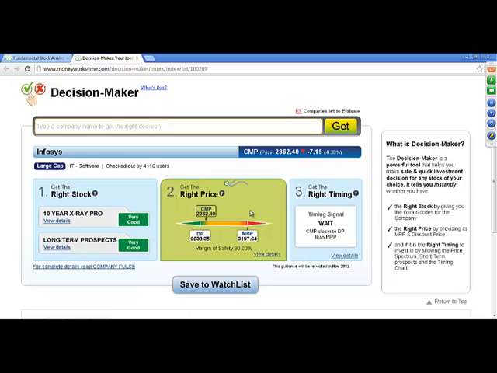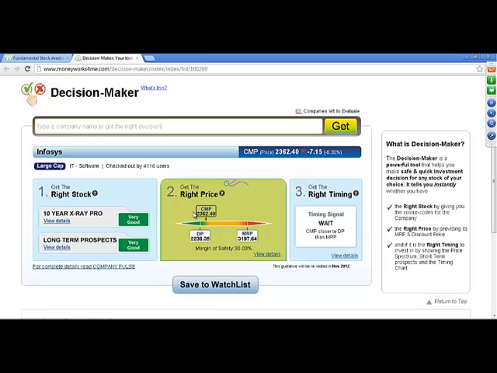Second thing that we want to check is, is it available at the right price? Now here we give you a very easy to understand slider. So here you can see this is the MRP, or the intrinsic value of Infosys. This is the DP, or the discount price, considering a margin of safety of 30%.